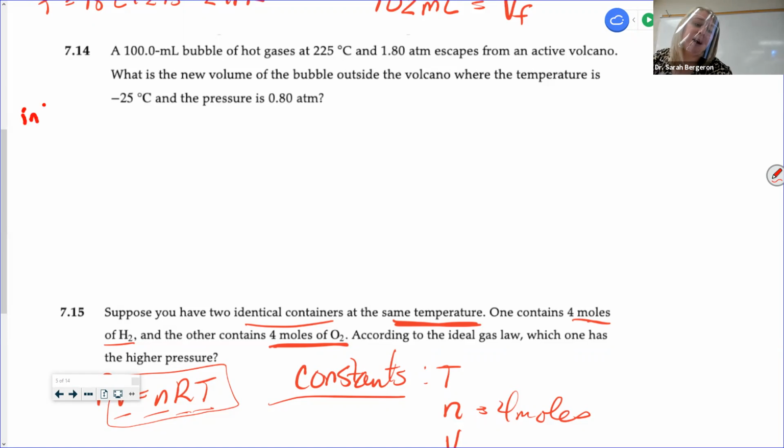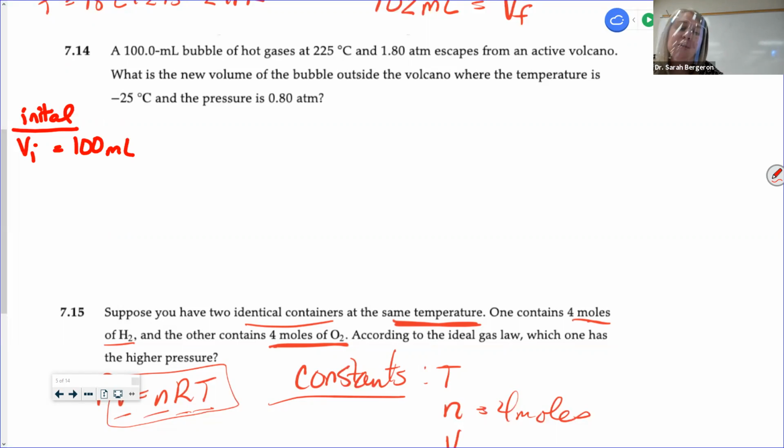So I need to go find my initial and my final conditions. So what do I know? Initially, what do I know? I know my volume initial, which is 100 milliliters. What else do I know?